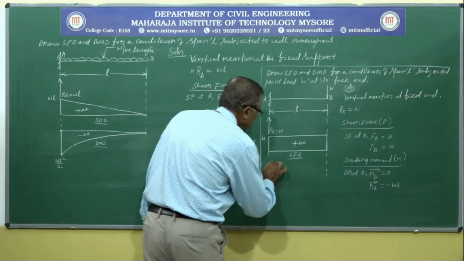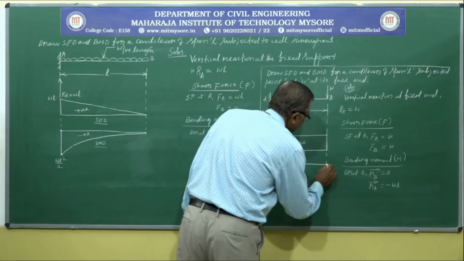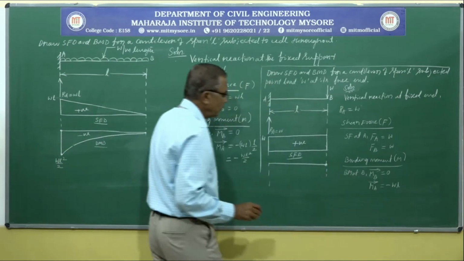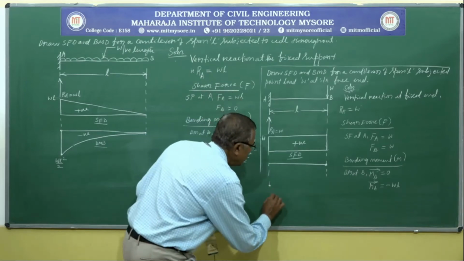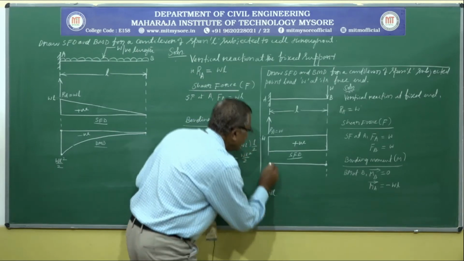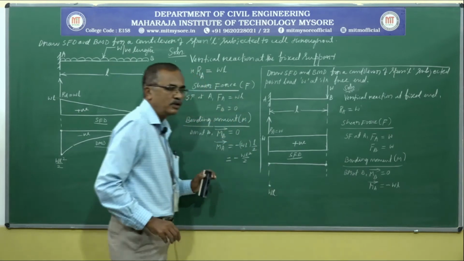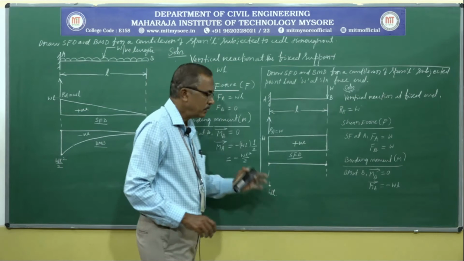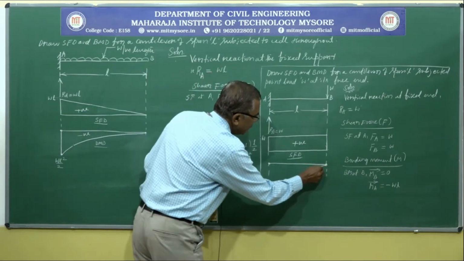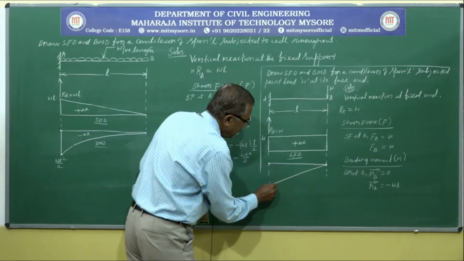Now let us draw the bending moment diagram. Bending moment at B is 0, then bending moment at A is minus WL, and the other value is 0. So the bending moment diagram for a no loading condition is a linear line. Draw the diagram by means of a linear line.